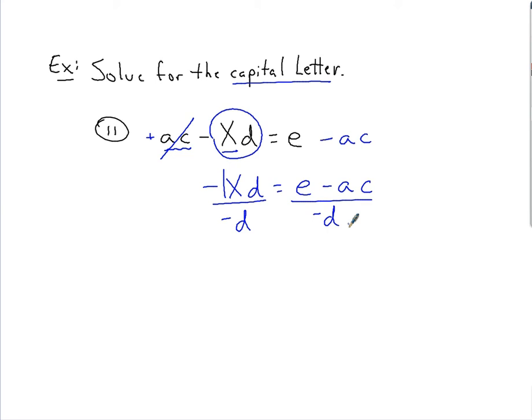If I do that, negatives cancel, right? D's cancel, and x, that capital letter we're trying to solve for, okay, for the time being, we'll leave it like this, is E minus AC over -d. That would be an acceptable solution.